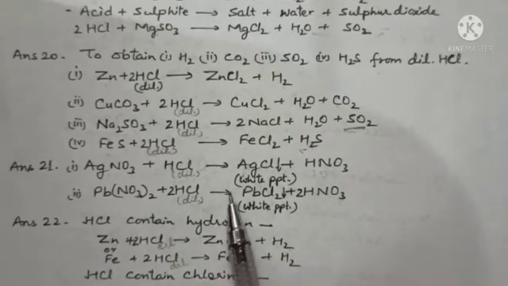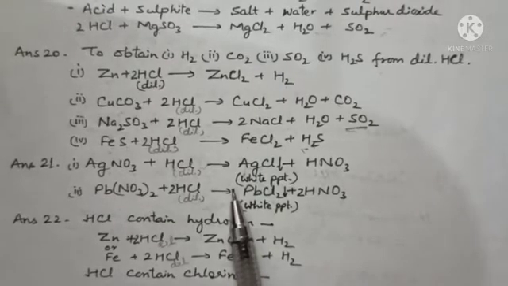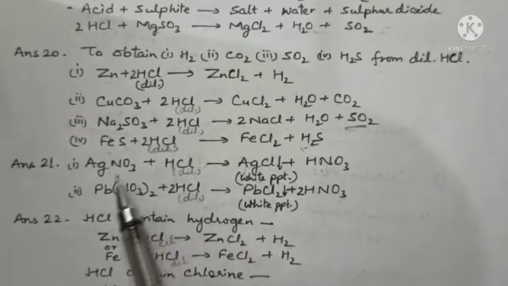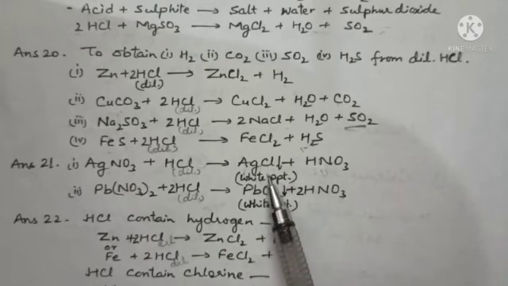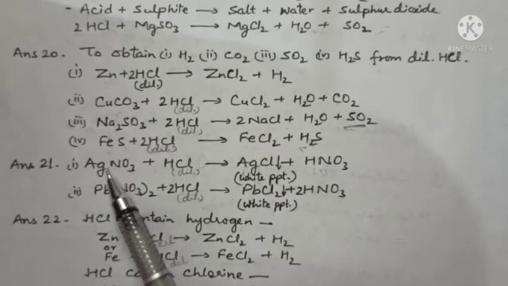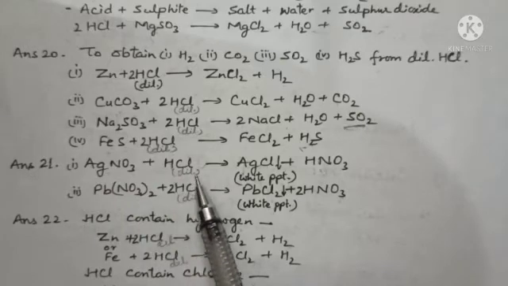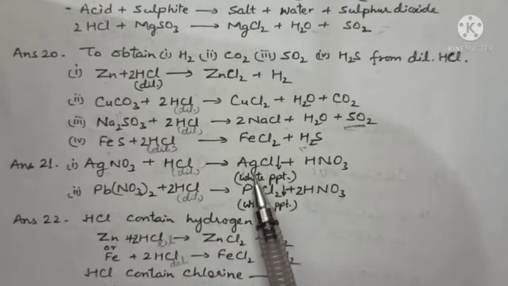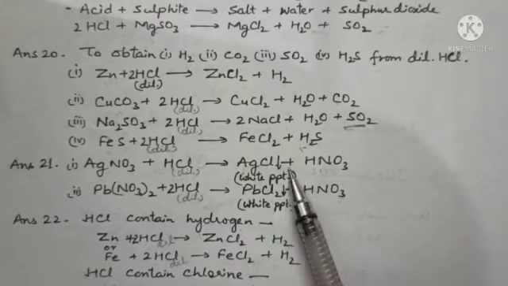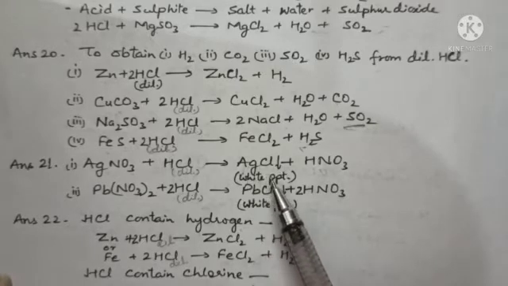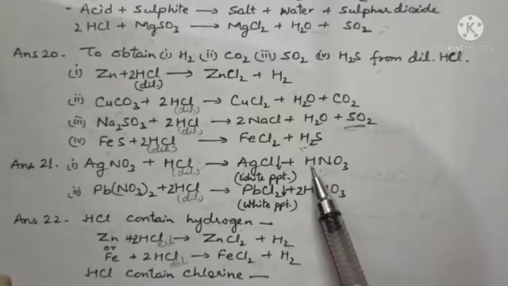Right, now next is your question number 21: convert 2 soluble metallic nitrates to insoluble metallic chlorides using dilute hydrochloric acid. So how will you convert soluble metallic nitrates like silver nitrate to insoluble silver chloride? Silver nitrate, that is AgNO3, when it reacts with dilute hydrochloric acid, gives you AgCl, silver chloride, which is insoluble. That means you get a white insoluble precipitate of AgCl and nitric acid.